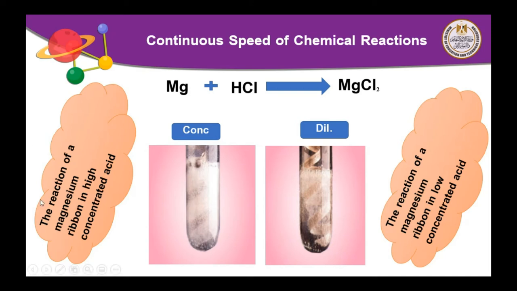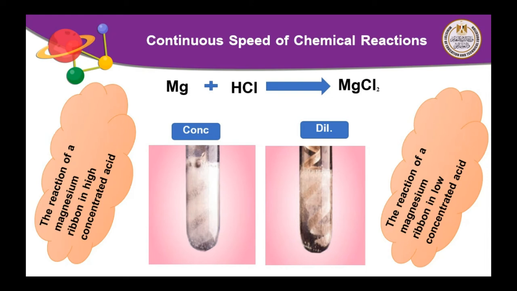So the reaction of magnesium in highly concentrated acid produces many bubbles of hydrogen gas in a short period of time, while the second reaction between diluted hydrochloric acid and magnesium produces bubbles of hydrogen, but fewer than the first case in the same time.